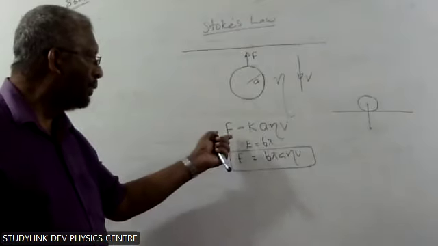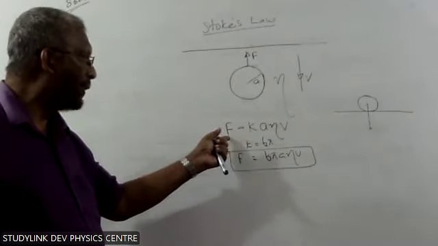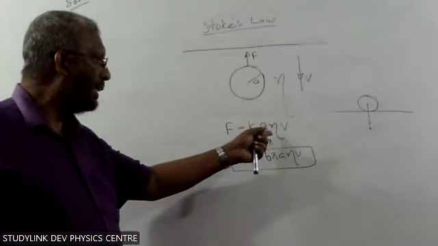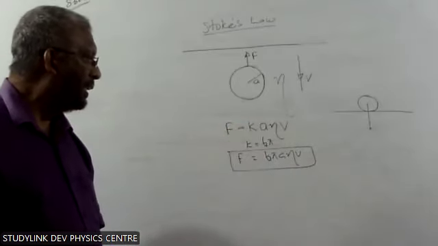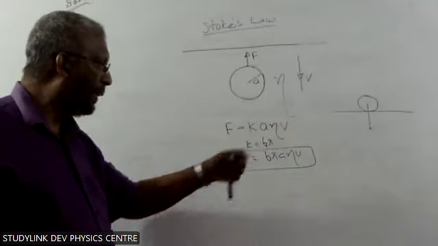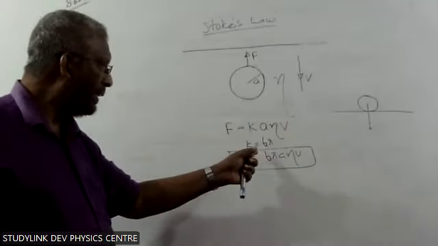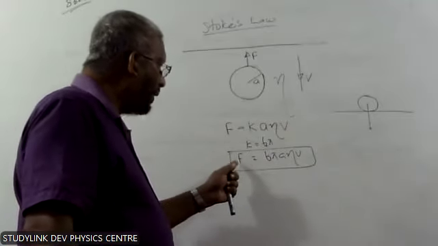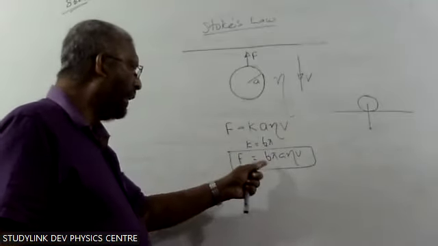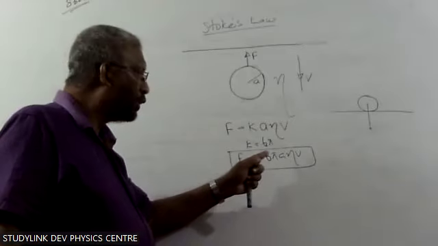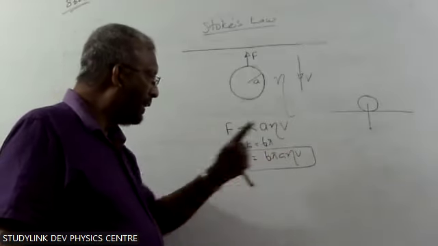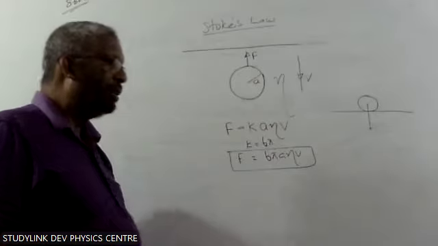Then we can prove the equation F is K A eta V. This K is 6.5. Once I said 8.5, that is 6.5. Therefore, the equation can be written as F equals 6 pi A eta V. This is called Stokes law.